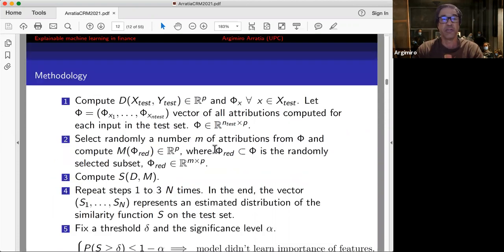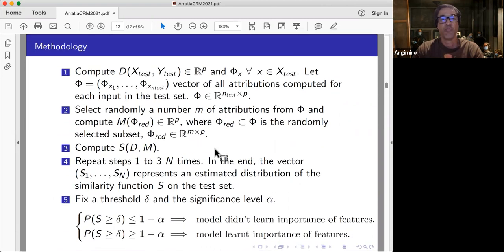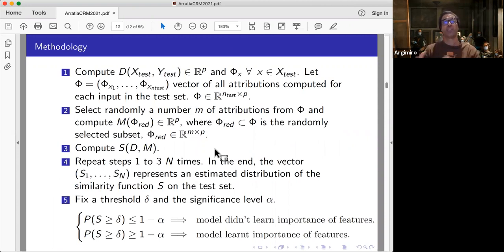We have this algorithm or method for assessing how well my model has learned from the features, the input variables that I use, to get the estimated value that I want to predict.